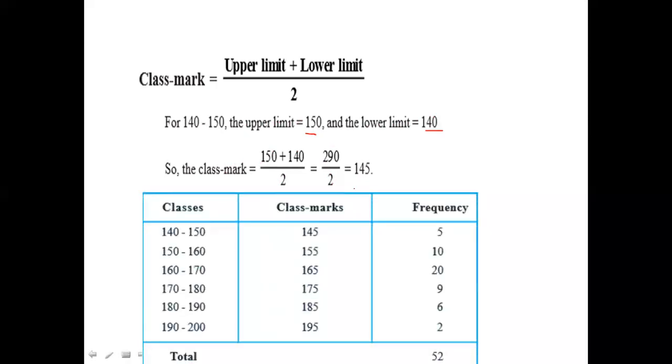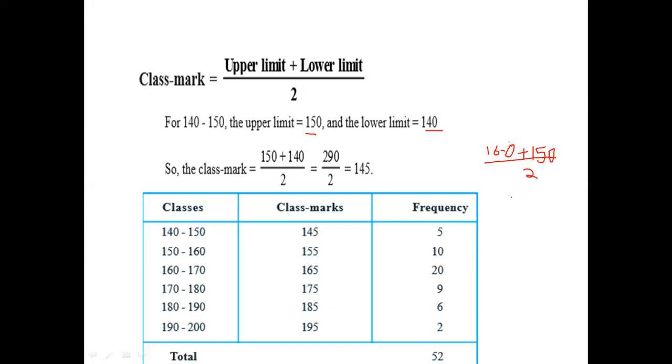This way only you need to prepare a table. So for 150 and 160, it will be 160 plus 150 upon 2.